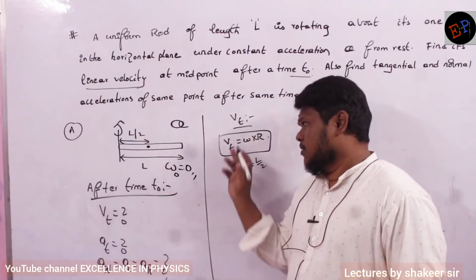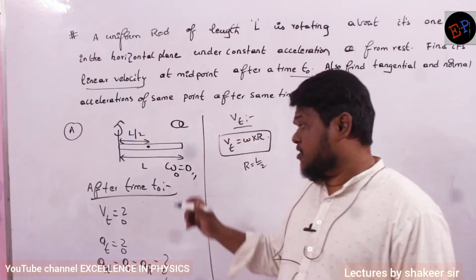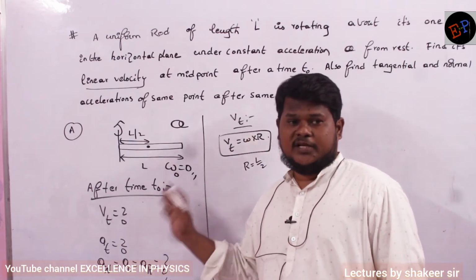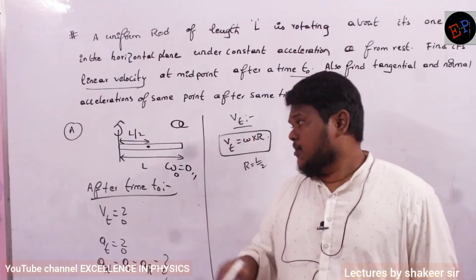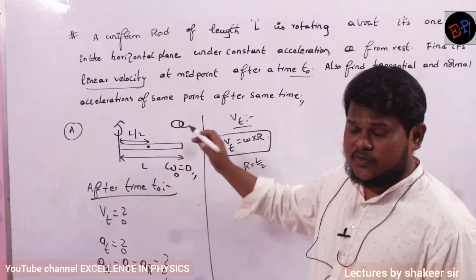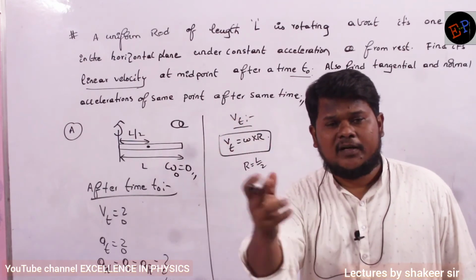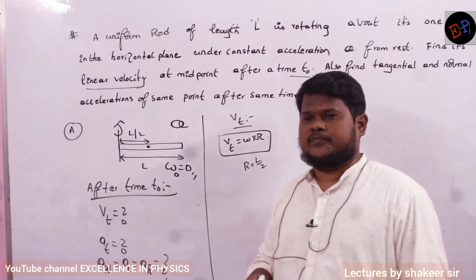But angular velocity, do I know? Initial angular velocity is 0 because it is starting from rest position. But it has angular acceleration, so after some time the body will get some angular velocity. Compare this with linear motion.